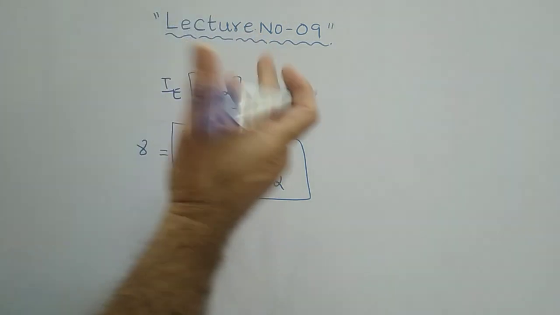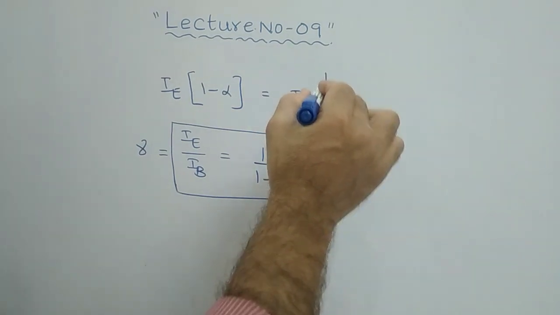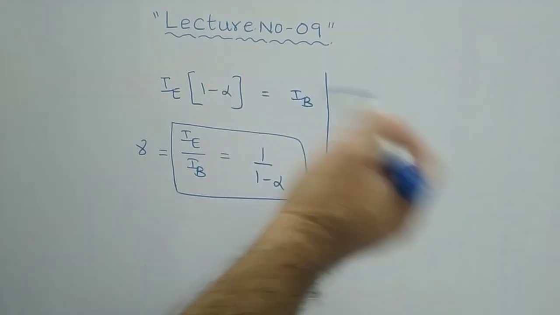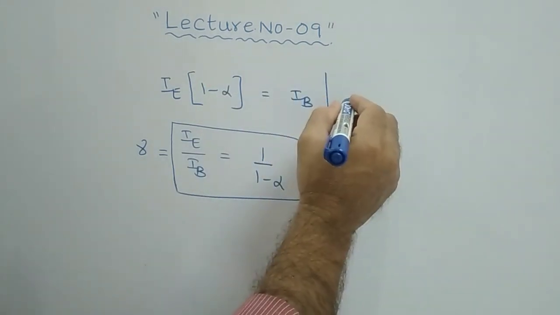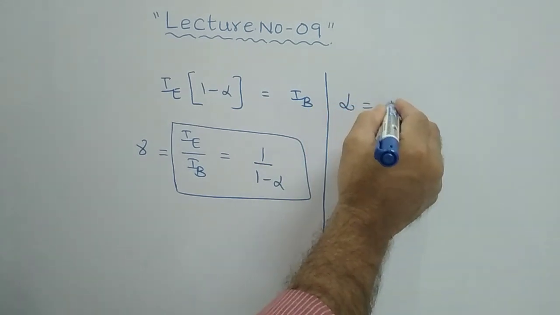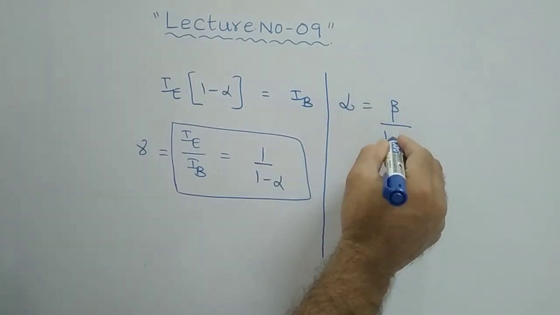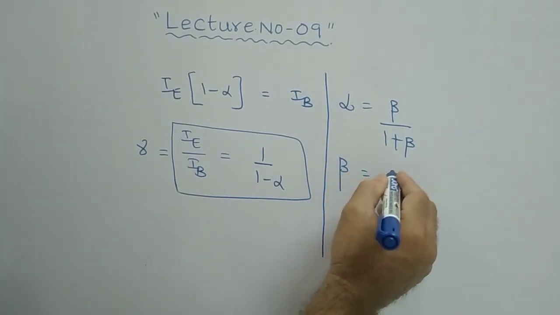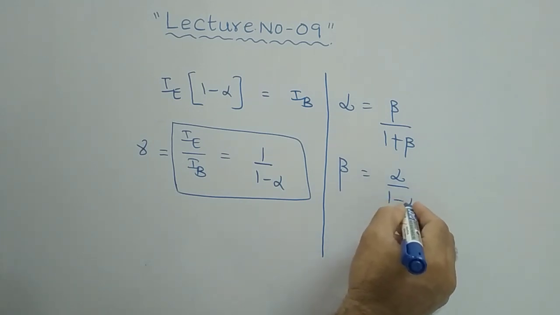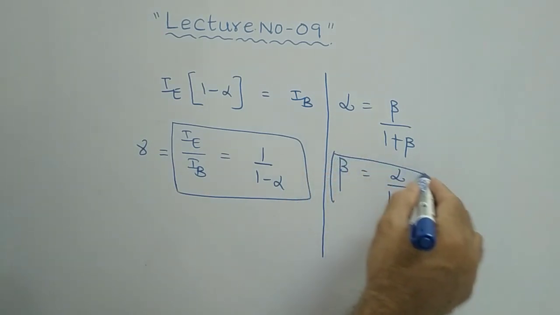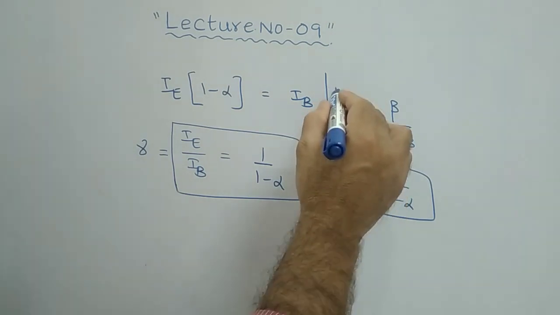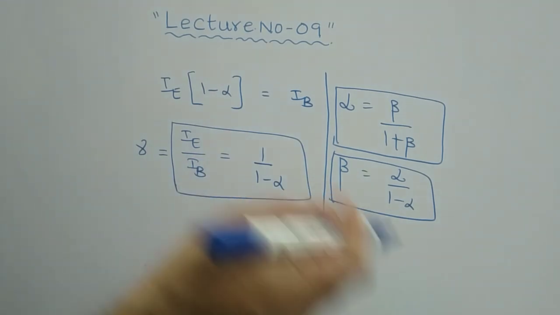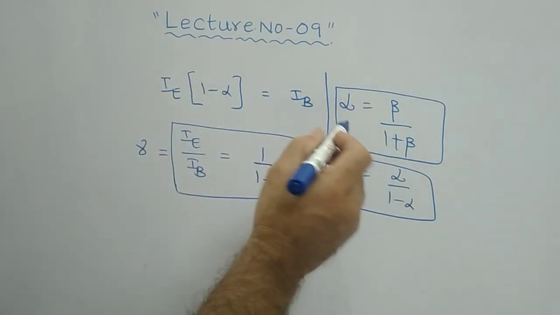Alpha is equal to beta by 1 plus beta, and beta is equal to alpha by 1 minus alpha. Simply by rearranging these three expressions and substituting one into another, you will get the relations for alpha, beta, gamma.